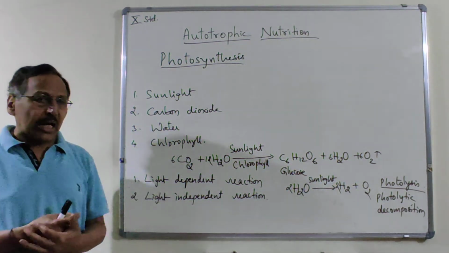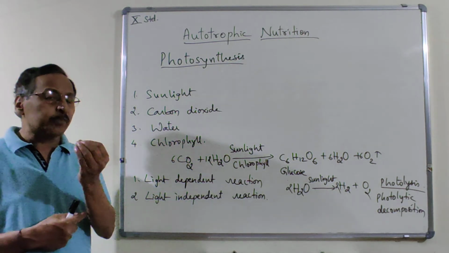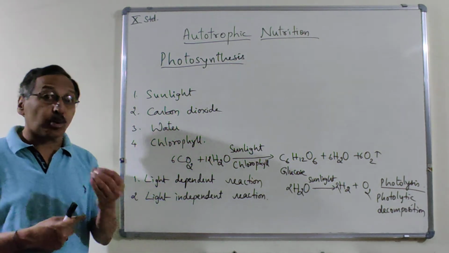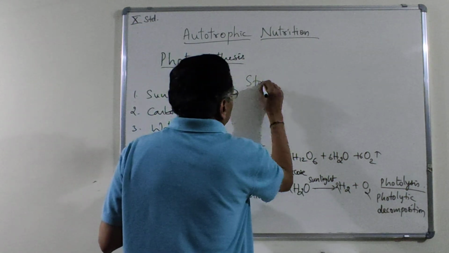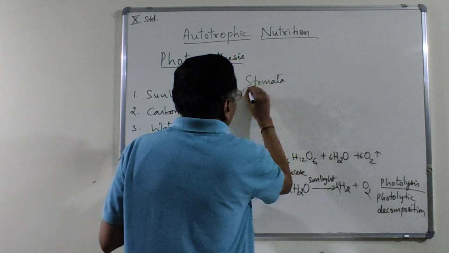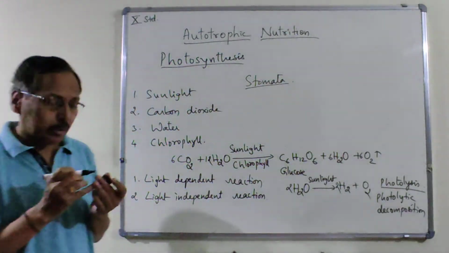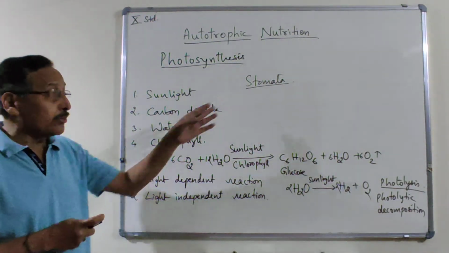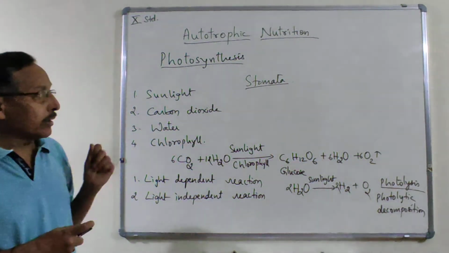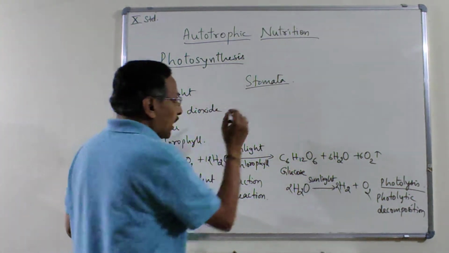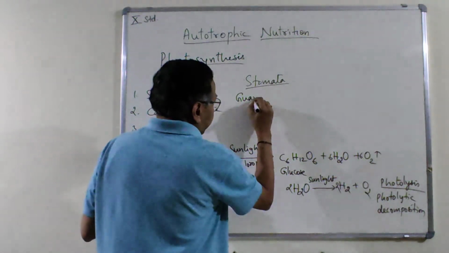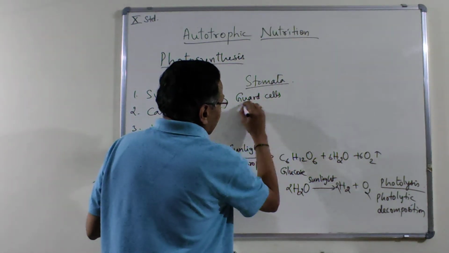All the leaves have minute pores called as stomata. There are a number of minute pores on the surface of leaves called as stomata. The opening and closing of these stomata is regulated by guard cells.